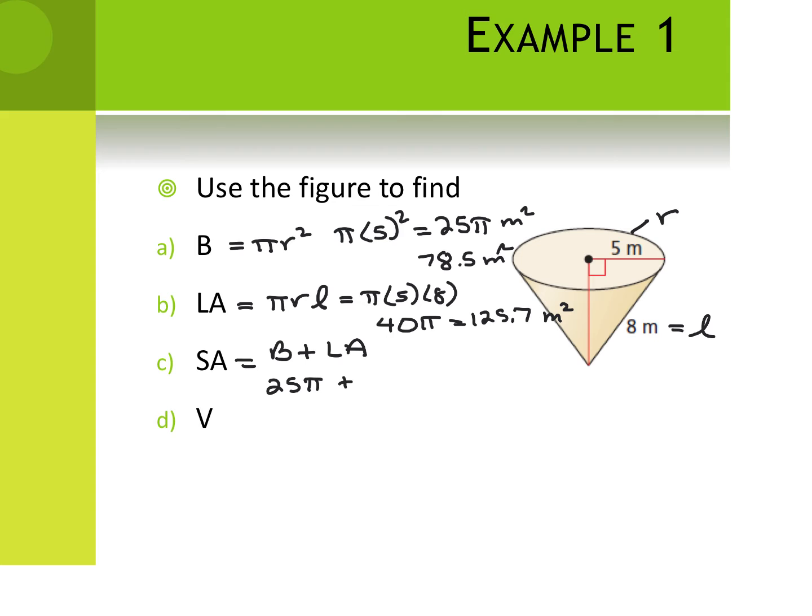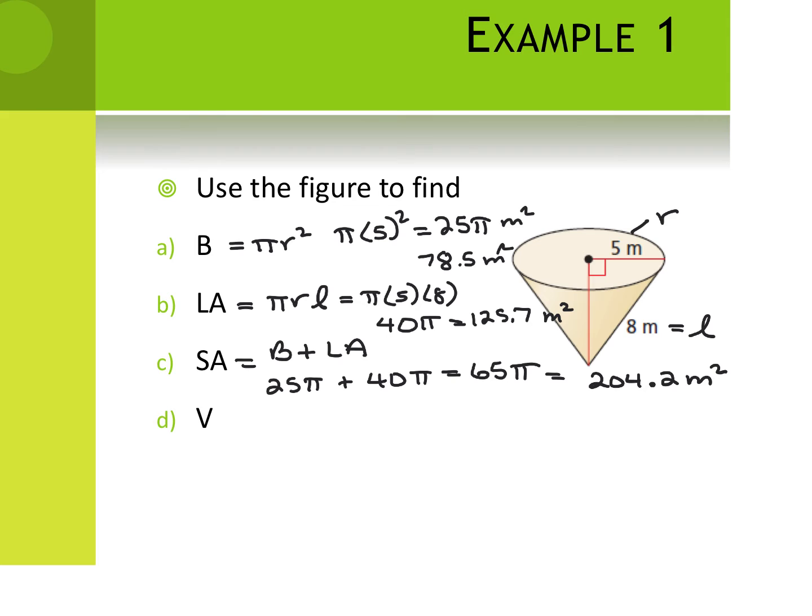My lateral area is 40 pi. If I add them together, in terms of pi, the answer is 65 pi. But if it says to use your calculator, then I'm going to multiply 65 and then hit the pi button. 204.2 meters squared. We still have squared. We're still doing area.